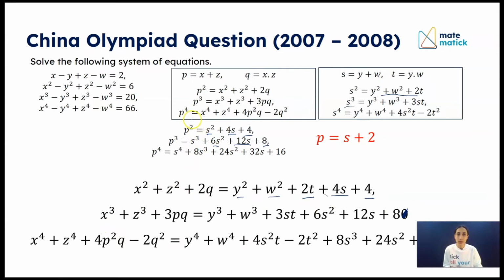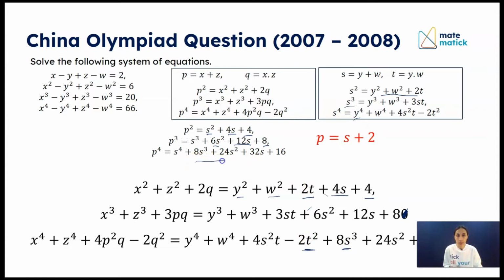And then here we have p to the power of 4. So this will become equal to this one. Sorry, this one, okay? But instead of s to the power of 4, I'm gonna write this one. Okay, it is y to the power of 4 plus w to the power of 4 plus 4s squared t plus 2t squared, and after that I'm gonna put the rest.